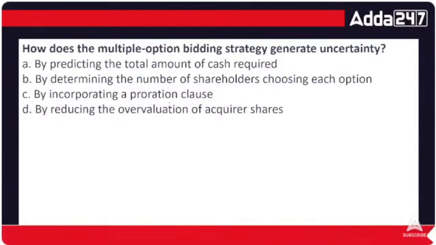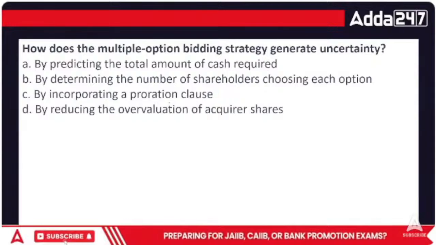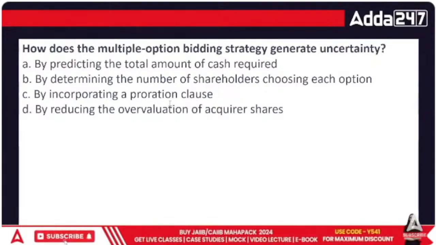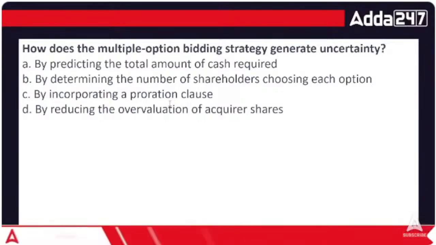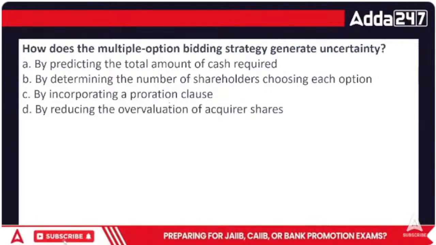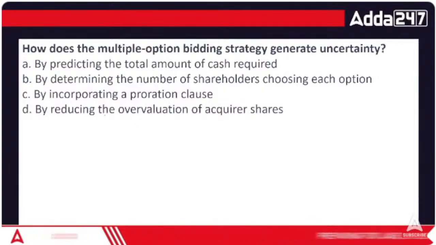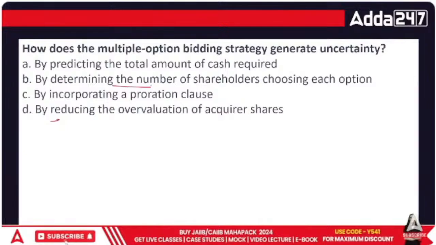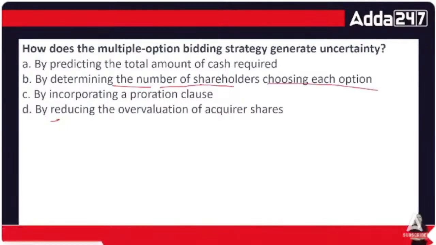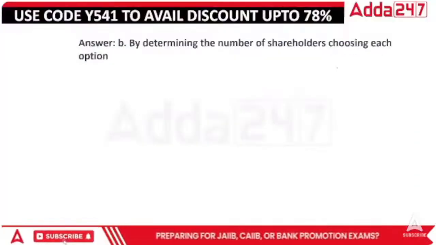How does the multiple option bidding strategy generate uncertainty? Basically, it is generating too much uncertainty, because in this case, we are determining the number of shareholders choosing each option. Okay? This makes the entire thing very uncertain in nature.